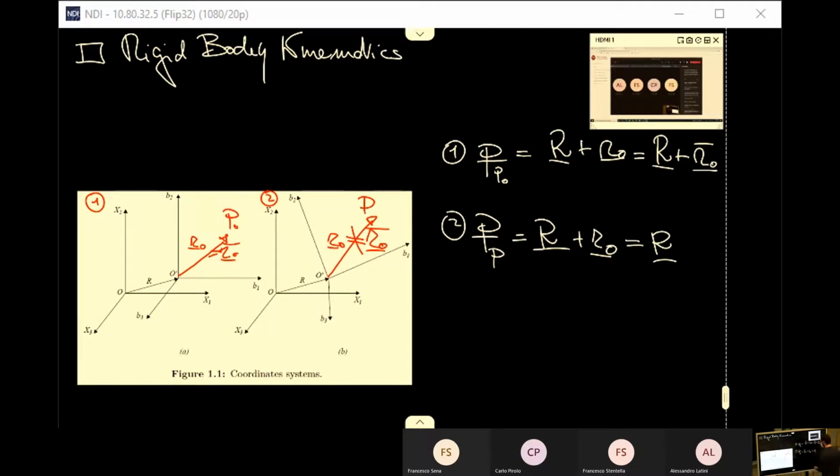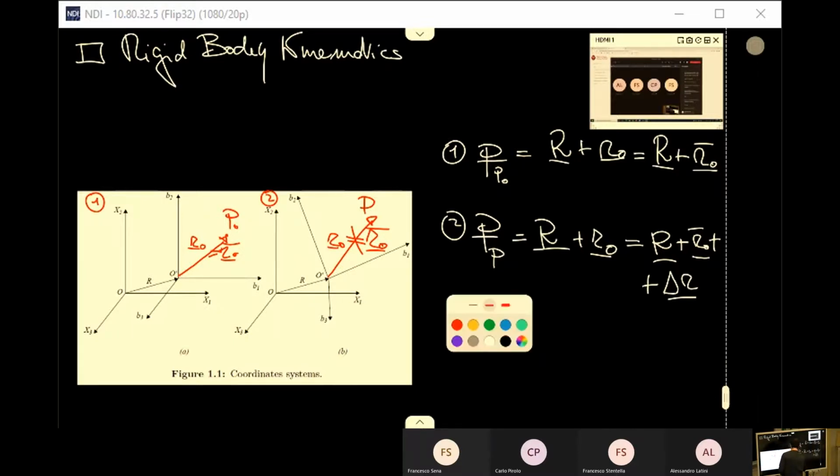Well, as we will see, we will be able to write R0 plus a delta R. Why? Because this delta R can be thought of as, if P0 was here before, now we are moving here. So this is my delta R. Okay, is this correct?